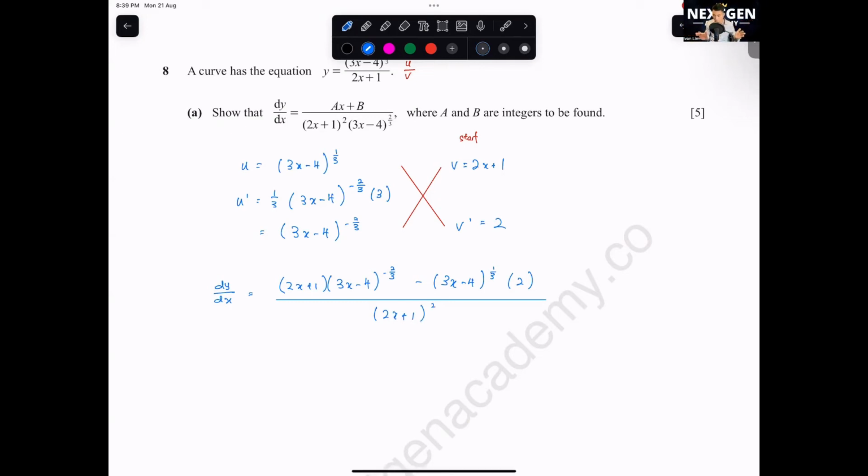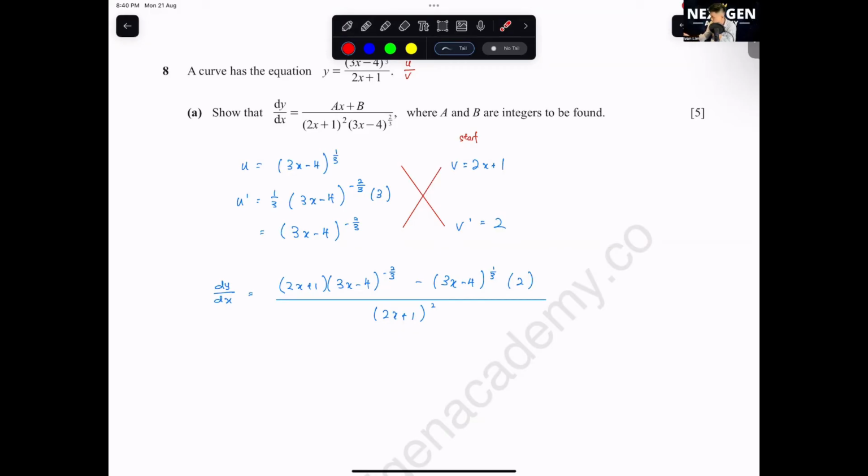If they ask you to do differentiation, find dy over dx, they never ask you to put it in a certain form, please don't go and do anything extra from here. However, quotient rule, normally what they will test you on is the simplifying part that can be a bit hard. So if you can do until this part, you are not struggling with the differentiation part. You are struggling with the simplifying part.